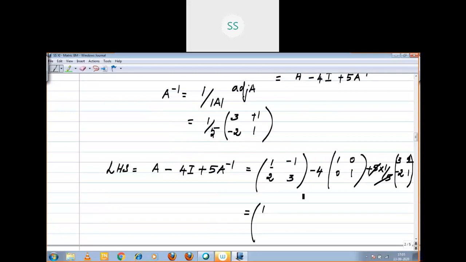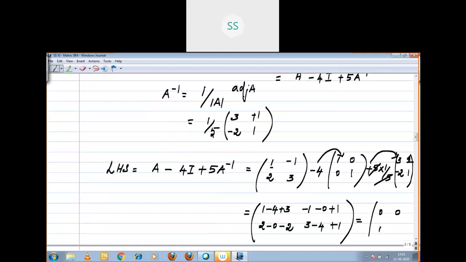Corresponding entries you should add. 1 minus 4 plus 3. Next, minus 1 minus 0 plus 1. Got it? Next, 2 minus 0 minus 2. 3 minus 4 plus 1, which is equal to 0 0 0.